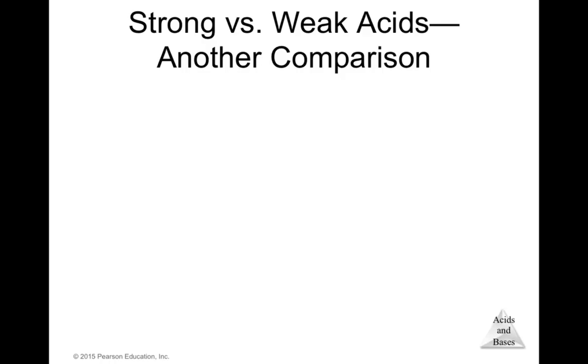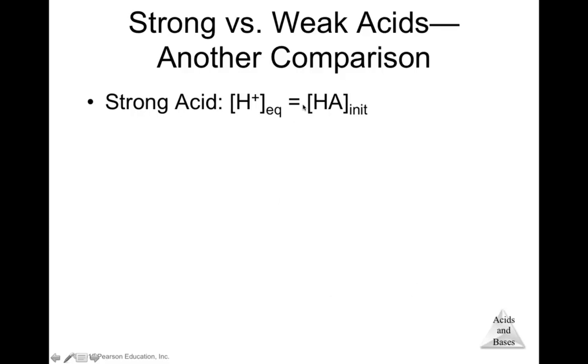So let's talk a little bit more about strong versus weak acid. There are a few more characteristics that distinguish between the strong and the weak acid. For a strong acid at equilibrium, the concentration of H positive is going to be equal to the concentration of the strong acid that we had at the beginning, because it's completely dissociated. Okay, so that's why they are equal.